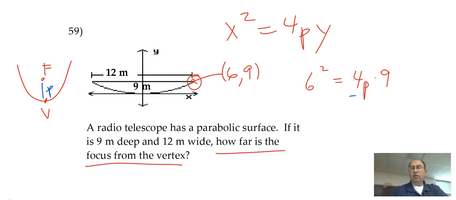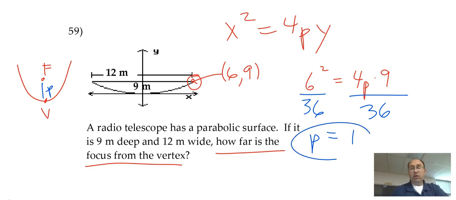Well, if I can figure out what 4p is here, 4 times 9 is 36, then I can figure out that 1p is 36 over 36 is 1. That's the answer to my question. I'm done. They didn't ask me to write an equation.